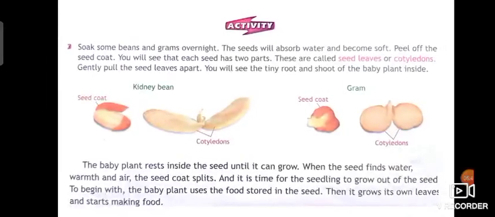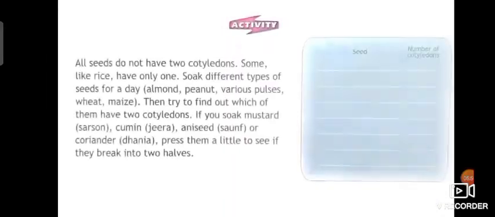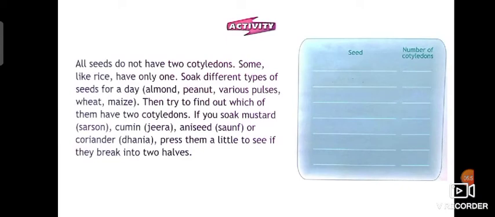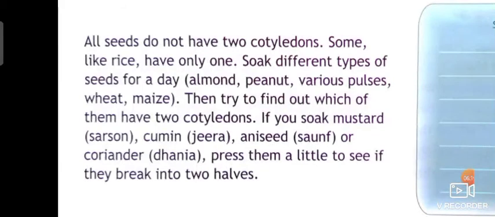Okay, next, another activity, you're going to select some seeds. Okay, and you're going to write how many cotyledons are there. All seeds do not have two cotyledons. Some, like rice, okay, have only one. Soak different types of seeds for a day.